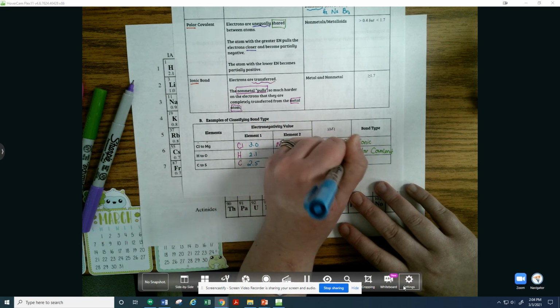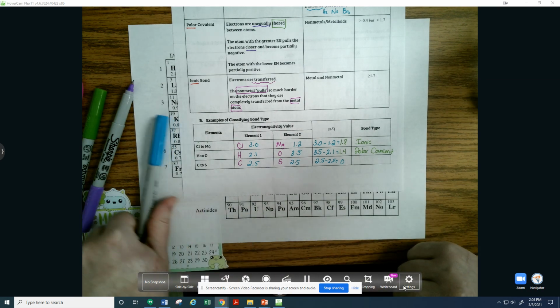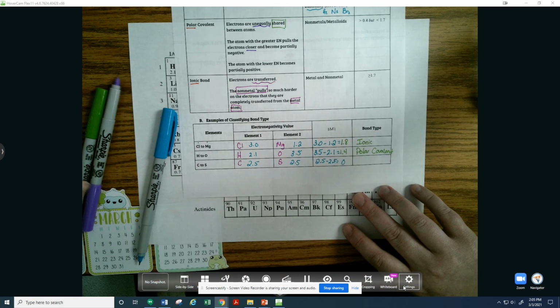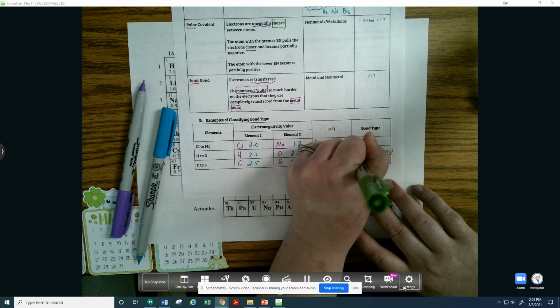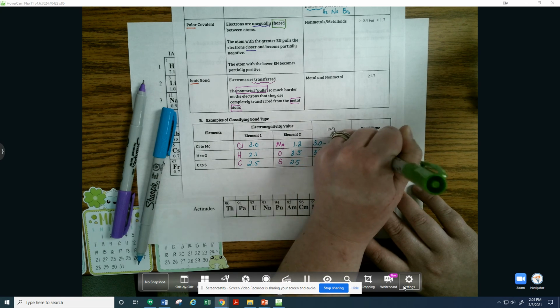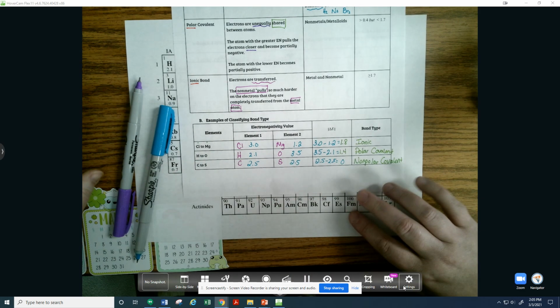And when we find our difference here, there is no difference. And so that means that they are basically in a tie with one another. And so this is going to be a nonpolar covalent. And those electrons are going to be shared. And they're getting along at this point. They're going to share those electrons equally in the bond.